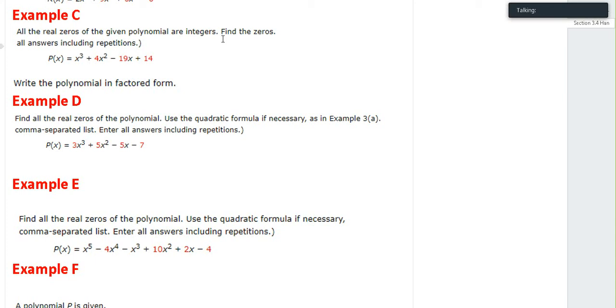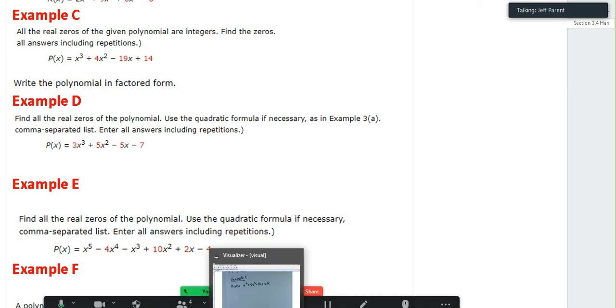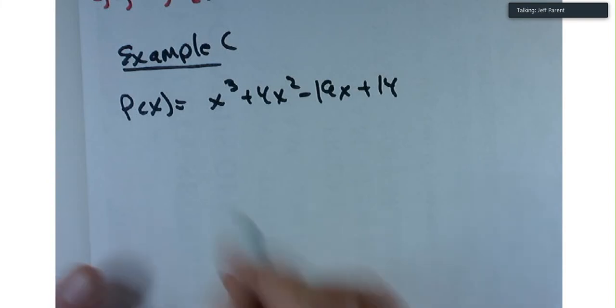Example C. P of x is x cubed plus 4x squared minus 19x plus 14. Well, since we have rational roots, in fact, they guaranteed that the roots are integers, it almost feels like it's not worth it to practice the rational root theorem.